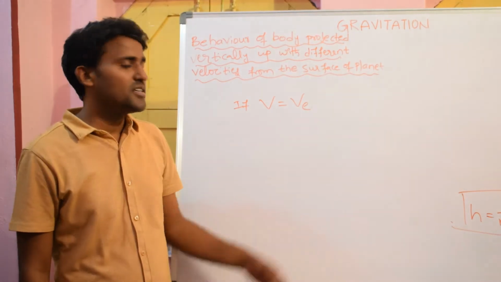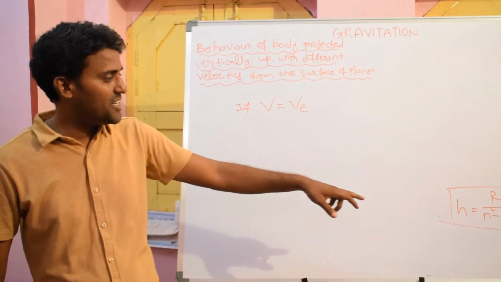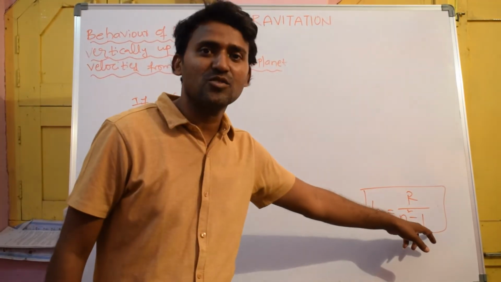Now we have completed the case when velocity is less than escape velocity: height is equal to r divided by n square minus 1.